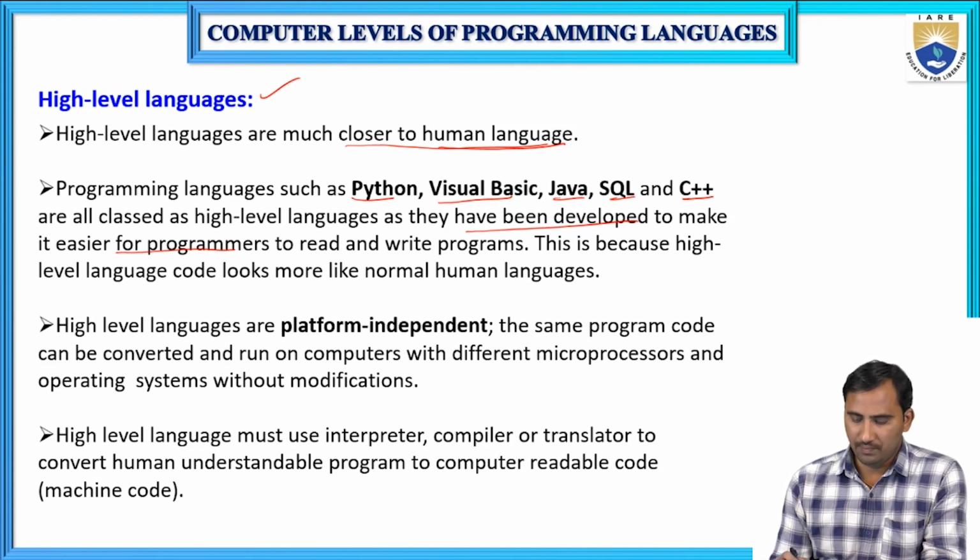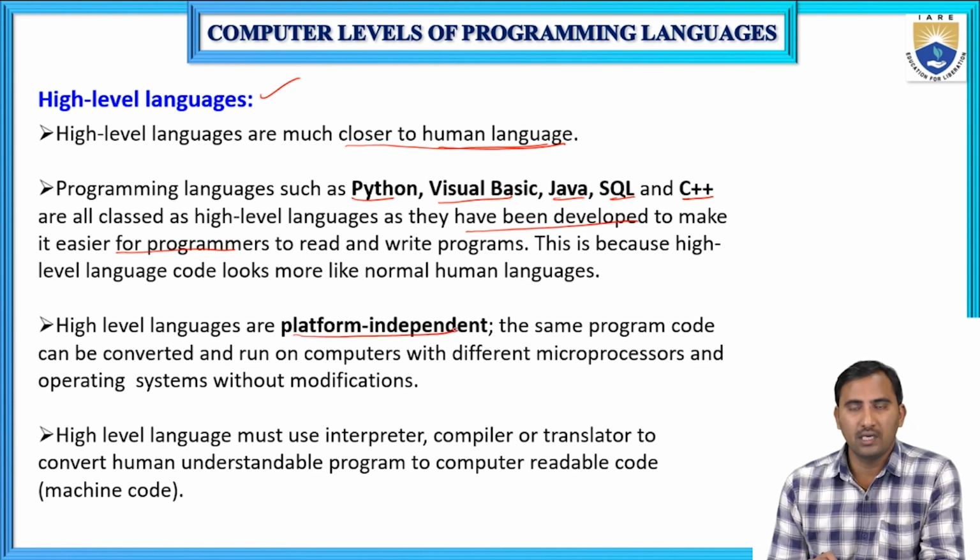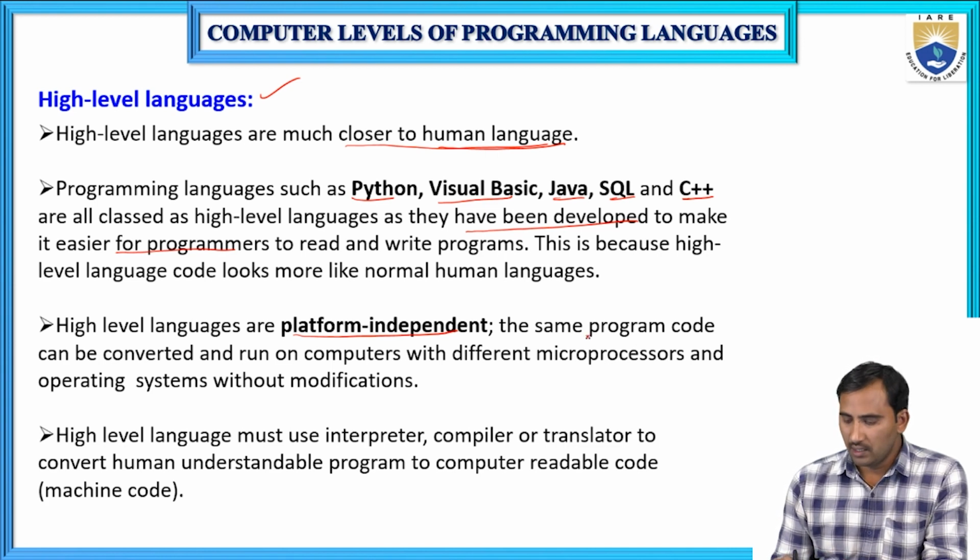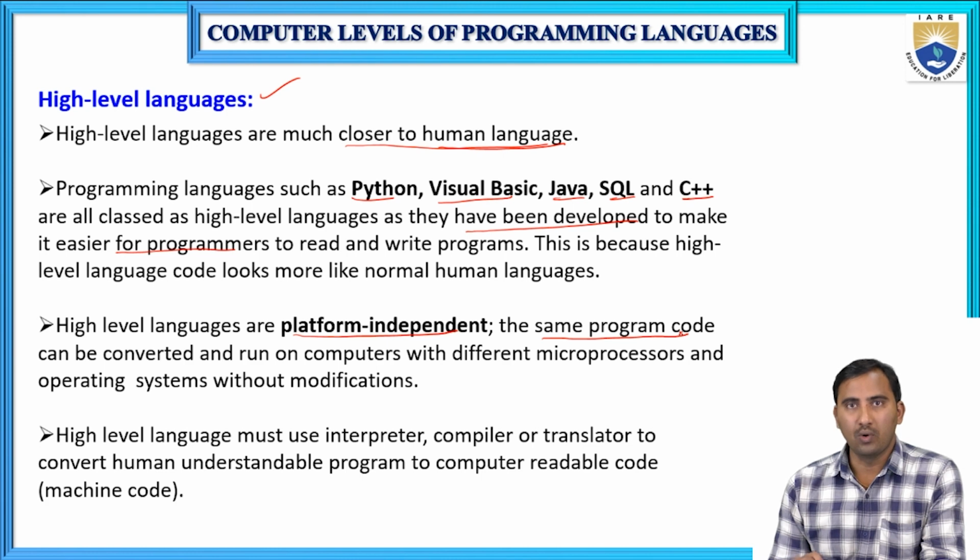Then, high level languages are platform independent. This is another advantage of the high level language. That means suppose you have program code that is designed for one computer, the same program code you can use on another computer with a different microprocessor and a different operating system.